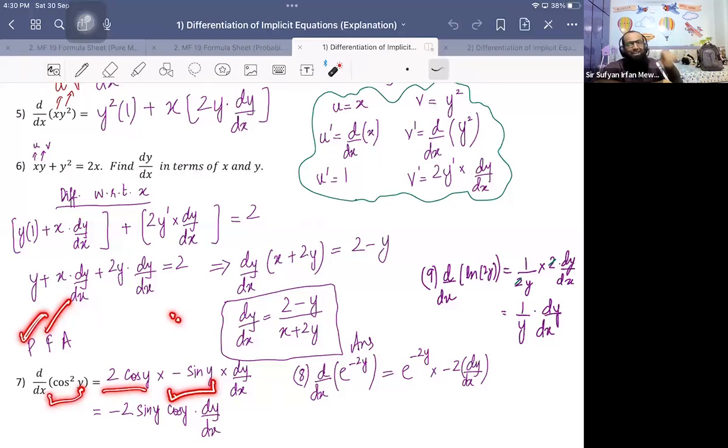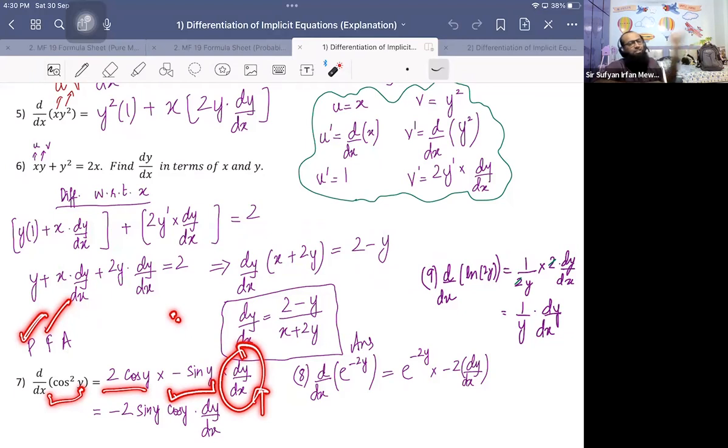And angle is y. Now when we are differentiating the angle, that is y with respect to x, it cannot be differentiated. And that is why we are going to get dy by dx out of it. So dy by dx will come in the last stage when we are trying to differentiate the angle. It cannot be differentiated because it is y.